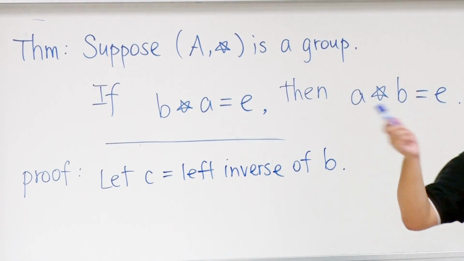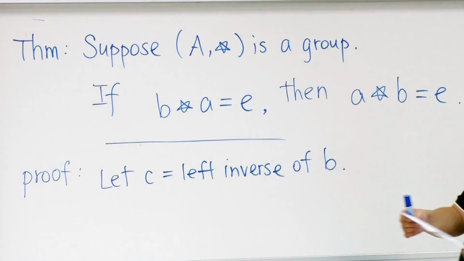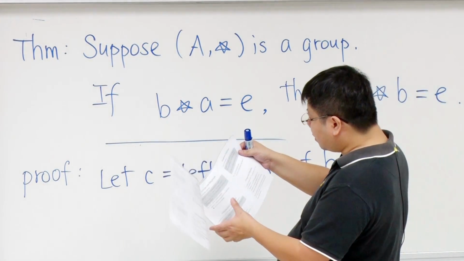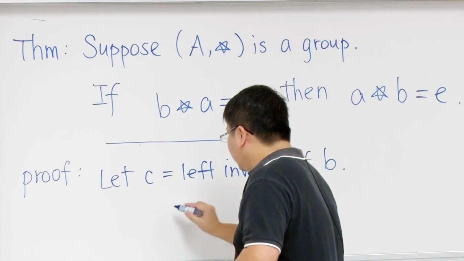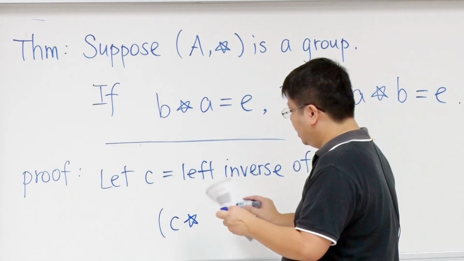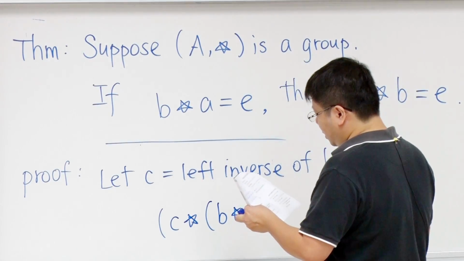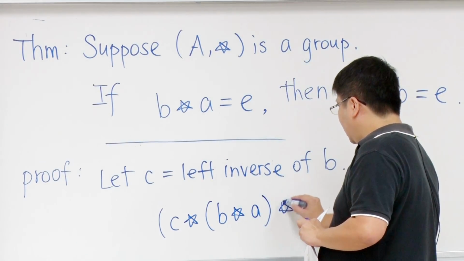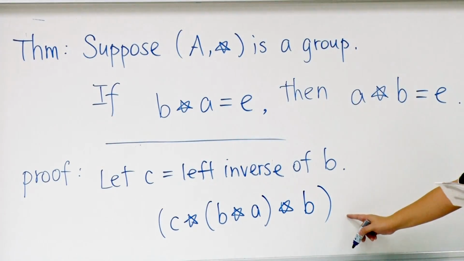We have only left inverse. Now, let's consider a very long formula. Consider this one: C star (B star A) star B.